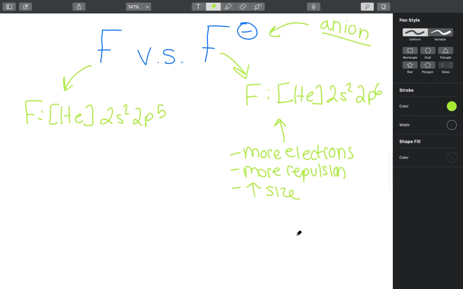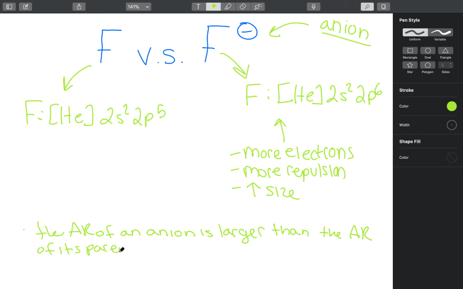So therefore, the atomic radius of an anion is larger than the atomic radius of its parent atom. And that's the rule for anions.